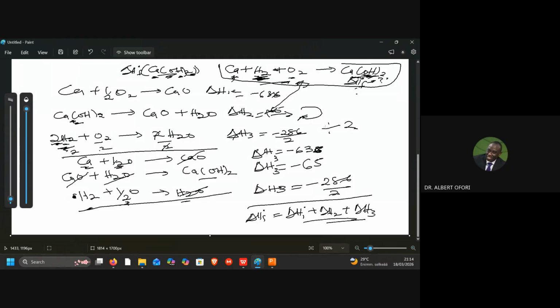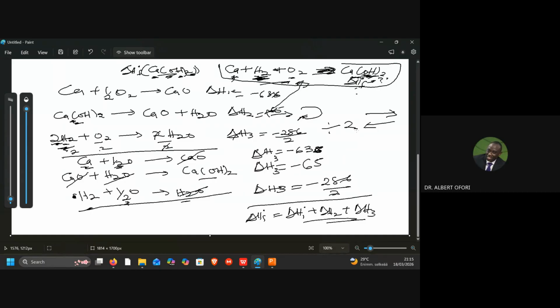How do you know? Talk like a chemist. That is when you use the arrow. Once the arrow is pointing in one direction, it's an irreversible reaction. Once the arrows point in opposite directions, that means the reaction is reversible. So what's your point? Okay, thank you. I get what you said. Thank you very much, sir.